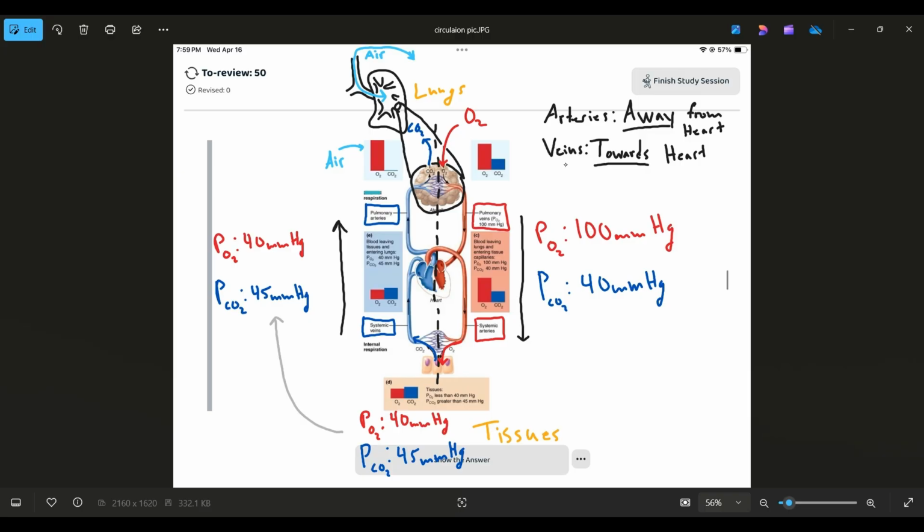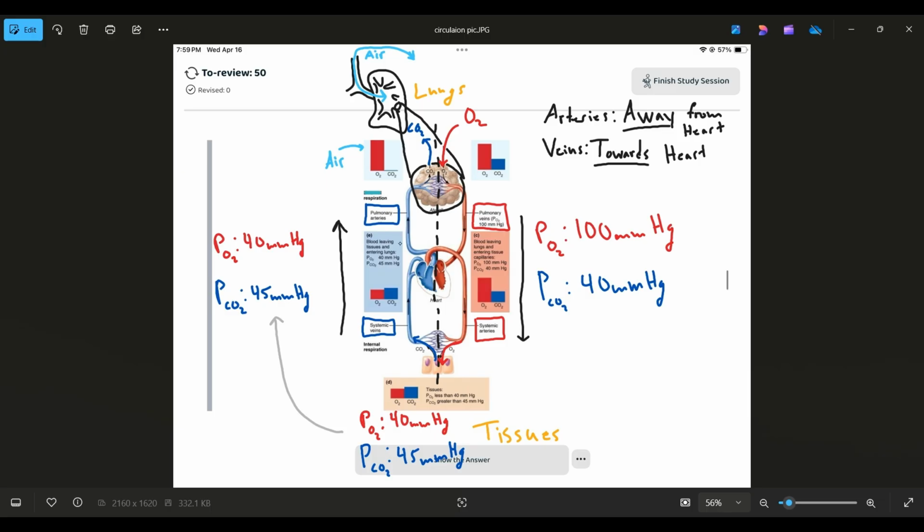So I remember this just because of the Spanish word venir, like to come, I think of the blood coming towards the heart, or the blood vessel going towards the heart. So that's how I remember this. If you want to remember it that way, you can, or if you just want to know that veins don't start with A, so they're not going to be running away from the heart, that works too.